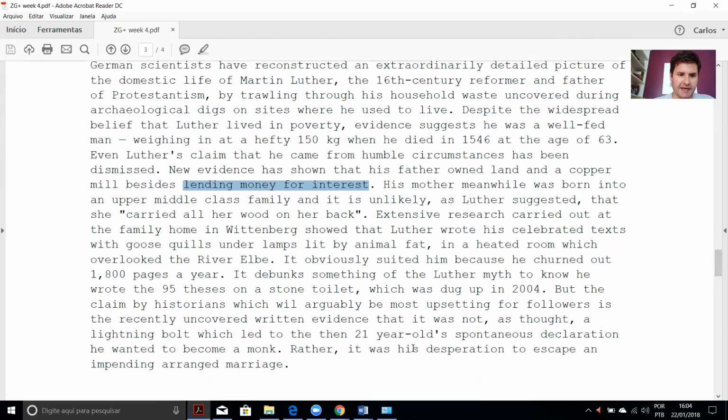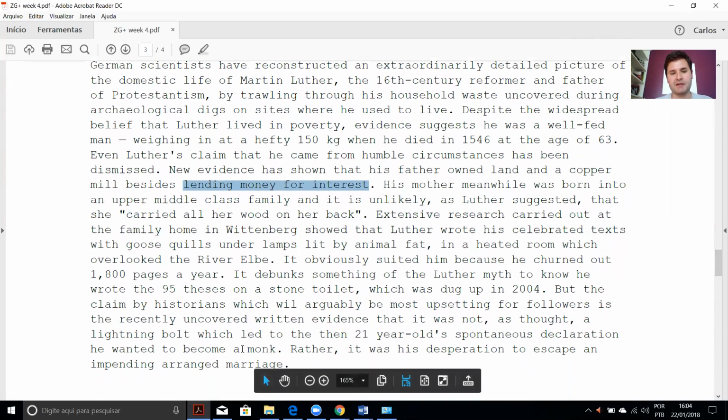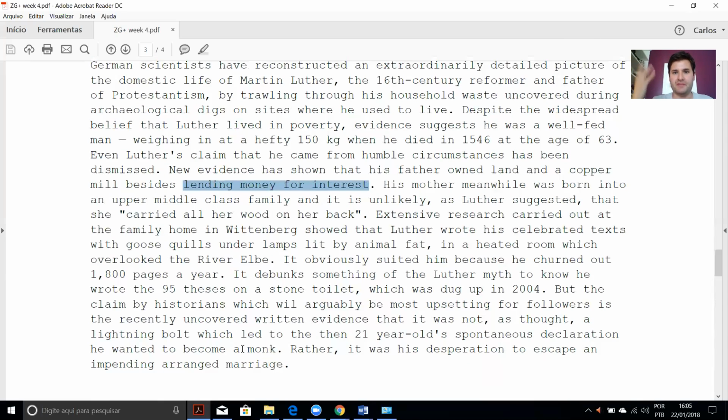Here we go, a lightning bolt which led to the 21-year-old's spontaneous declaration he wanted to become a monk. So this idea of a lightning bolt spontaneously making him want to become a monk gives you that idea of something divine. Something from above came all of a sudden and made him turn into a monk, almost by divine providence.